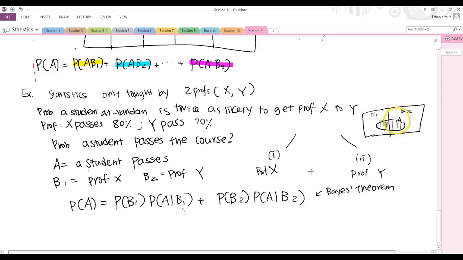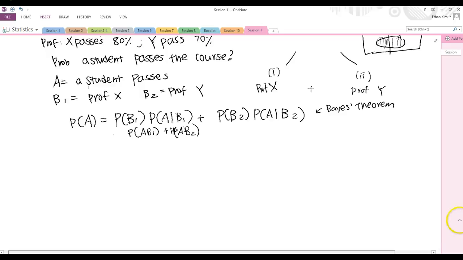Written as a simple notation, this is A and B1. And this part is B2 and A. The order doesn't matter because this is an intersection. So this is what it corresponds to.